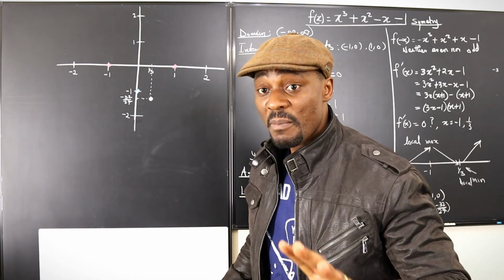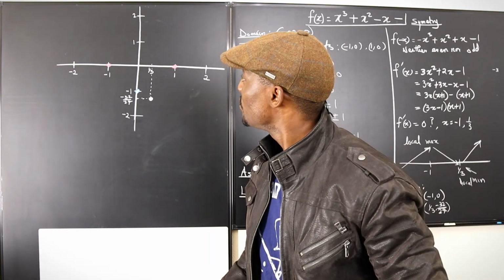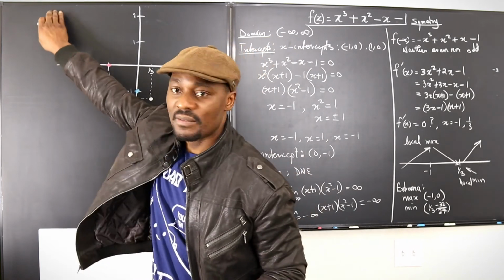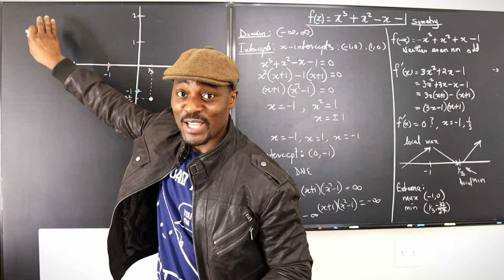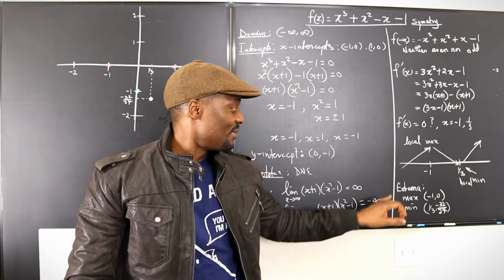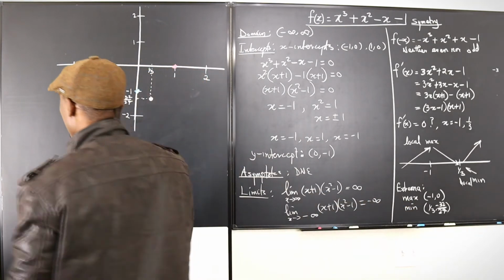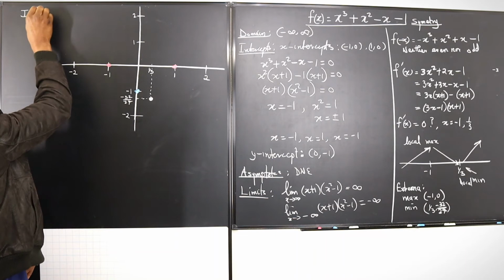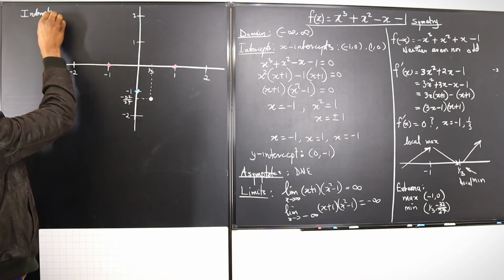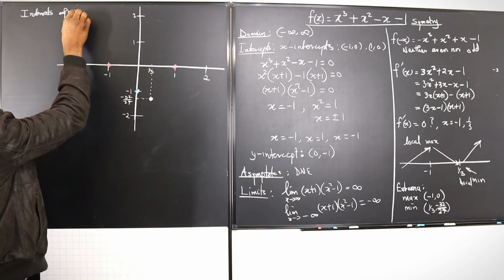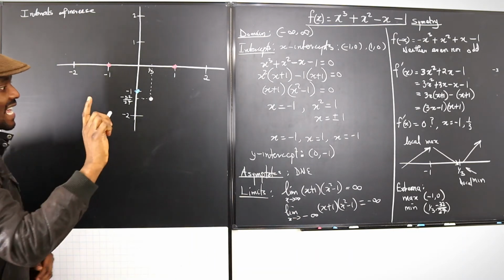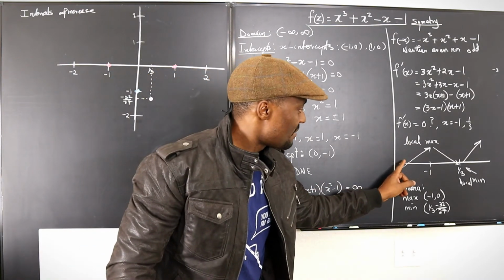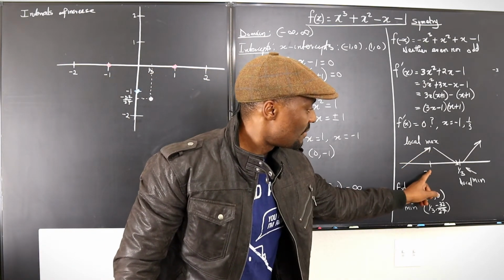So I'm going to move my writing to this part of the graph, so I can use it to write the intervals of increase. So when you go here, you say intervals of increase is from negative infinity until you get to -1.